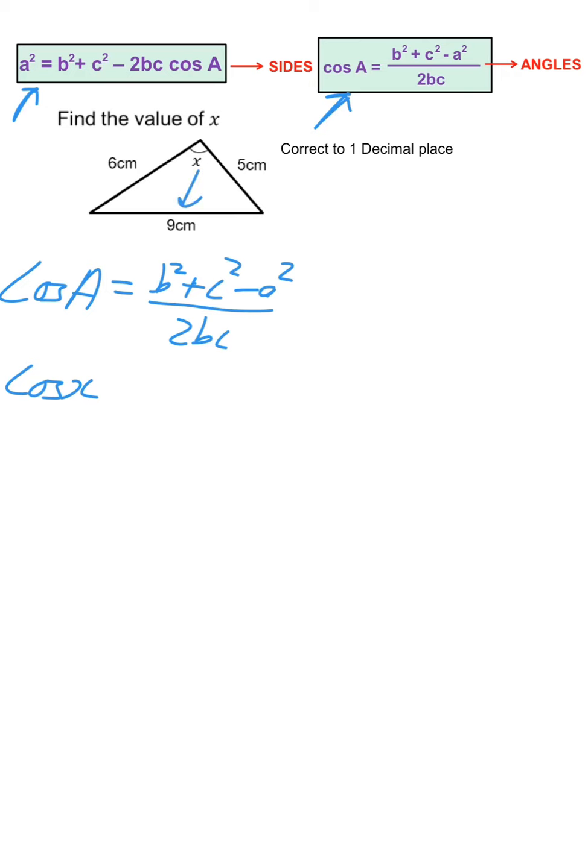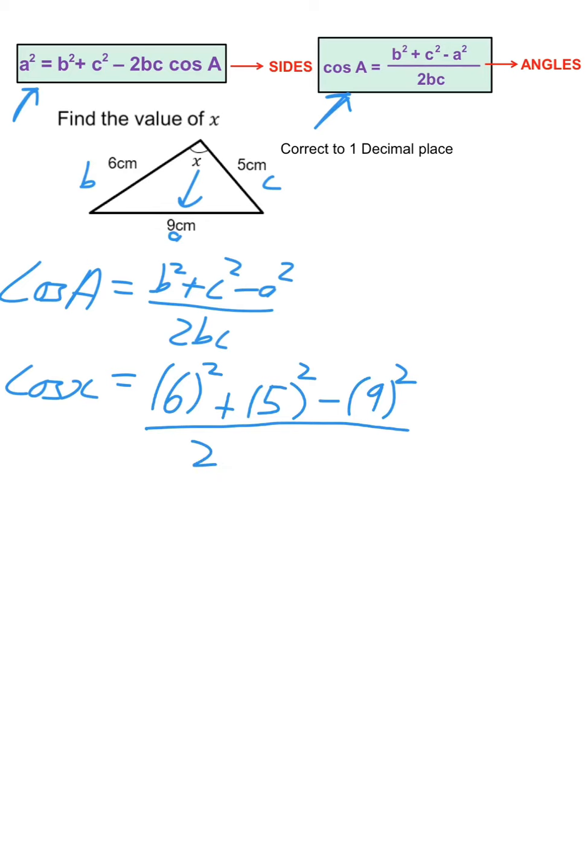And I can see 9 is opposite that, so that's going to be my a. Then 6 would be b, and 5 would be c. So putting in these values, b squared will be 6 squared, plus c squared, so we have 5 squared, minus a squared, which is 9 squared, all over 2bc, so 2 times 6 times 5.